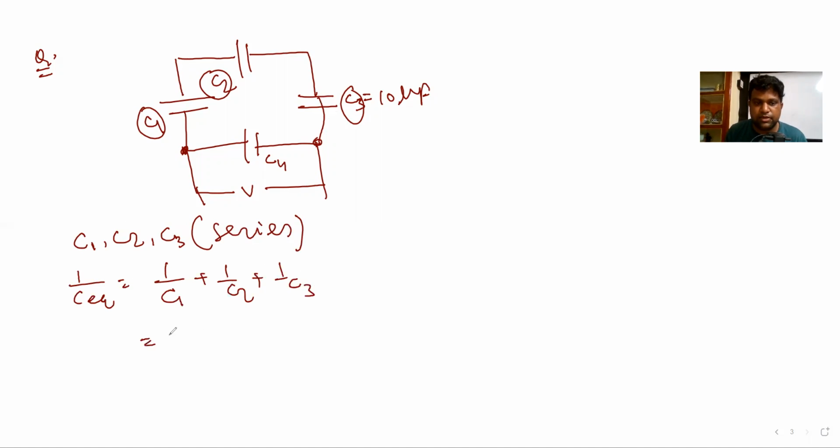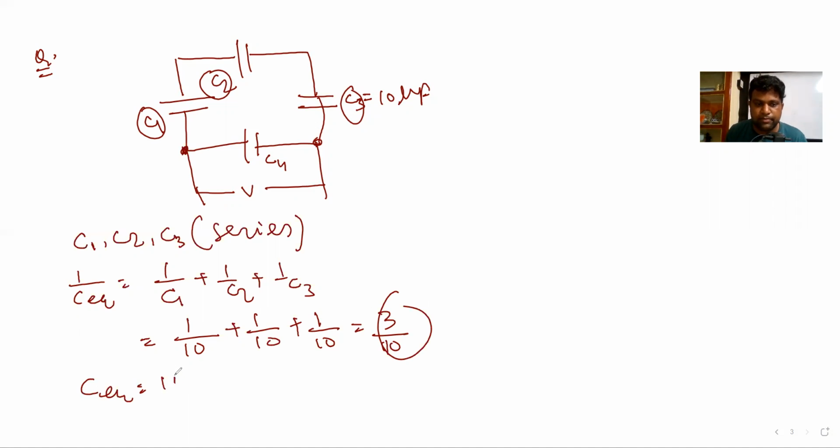So here it is 1 by 10 plus 1 by 10 plus 1 by 10. Basically this is 3 by 10. So 1 by C equivalent equals 3 by 10, so C equivalent will be 10 by 3 microfarad. The unit will be microfarad.